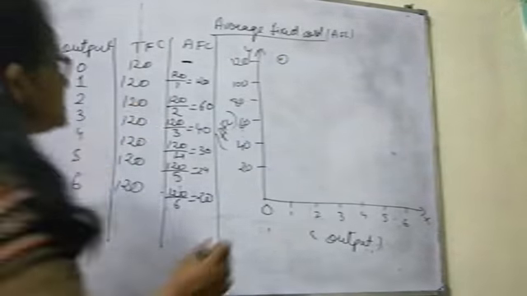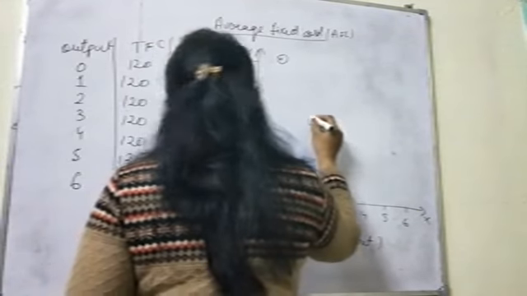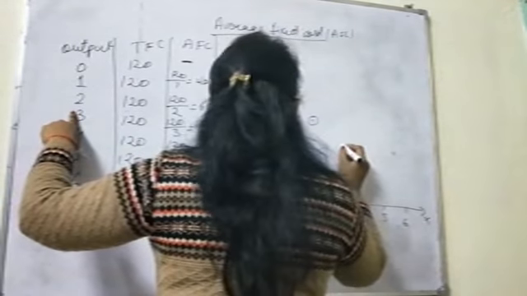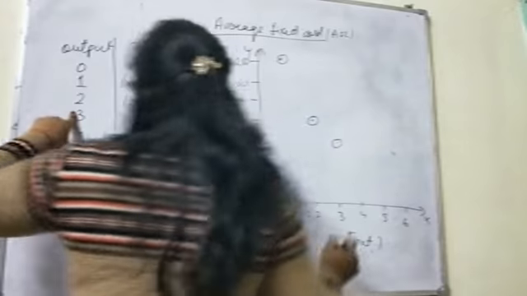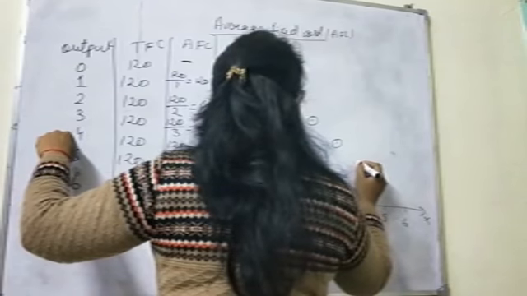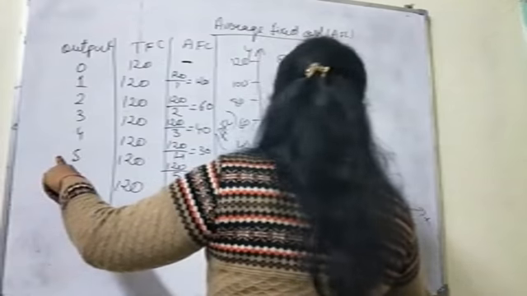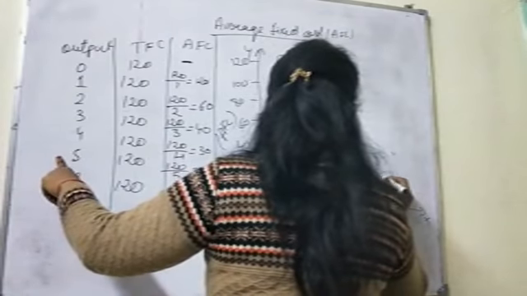First dot we got here. At 2, it is 60, so we got the second dot here. At 3, it is 40, so we got the dot here. At 4, it is 30, so we'll get the point somewhere here. At 5 it is 24, somewhere here.